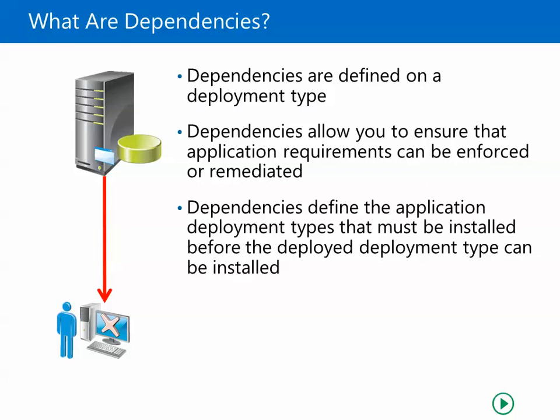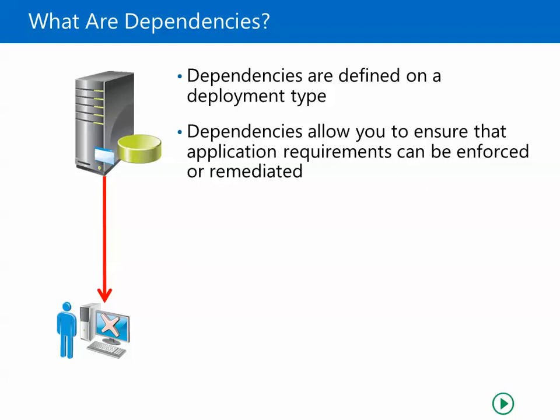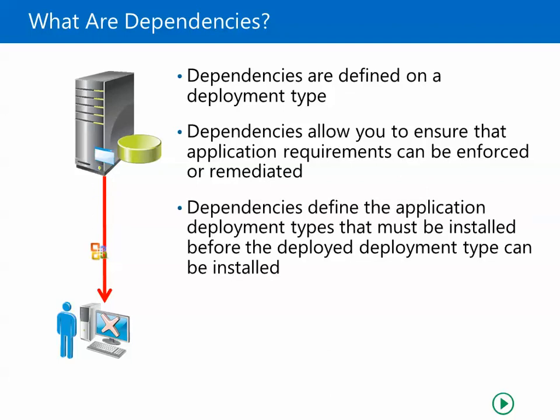No, dependencies in the sense, suppose consider here, just see this diagram. Now I want to deploy some application that requires some prerequisites, some other supporting applications. Like when you install the client push, what was the prerequisite? .NET Framework, Silverlight and all. Without that, can the SCCM client be installed?